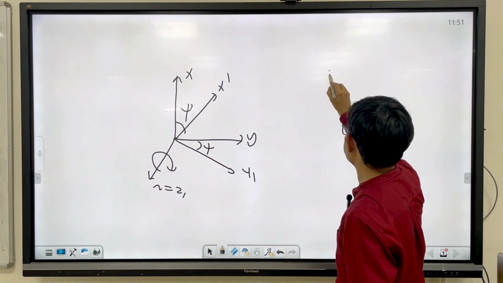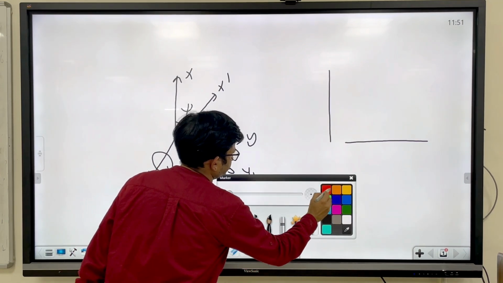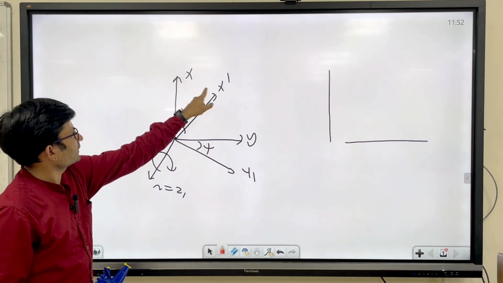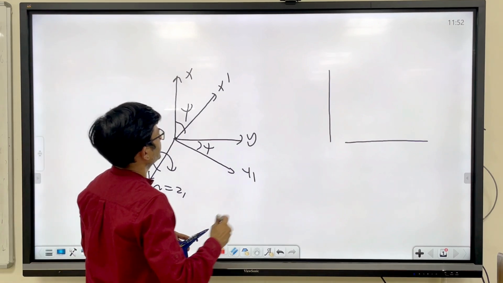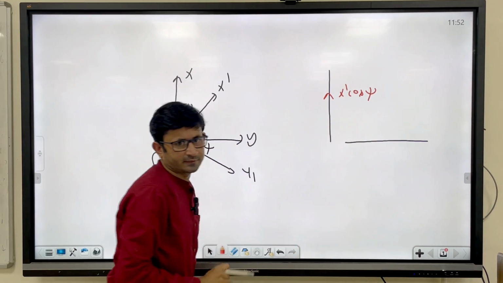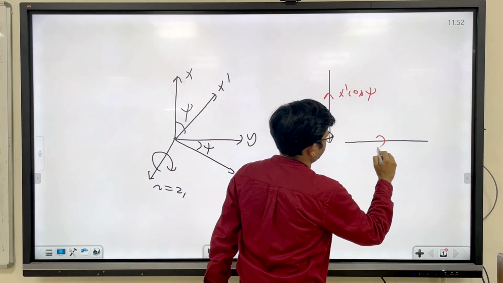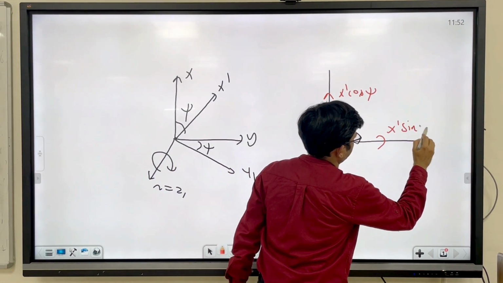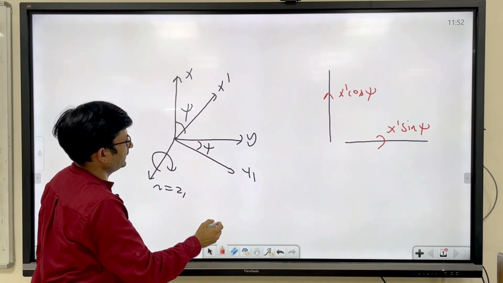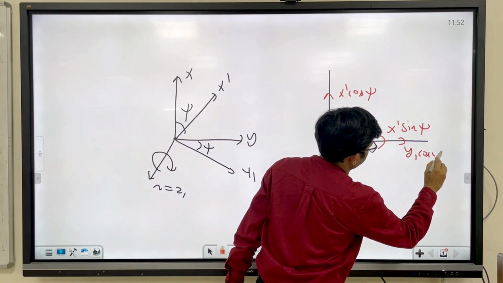So what can I do? I can draw one horizontal line and one vertical line. And please tell me, what is the component of x1 along this x? cos psi. Perfect, right? And what about y1? cos psi.